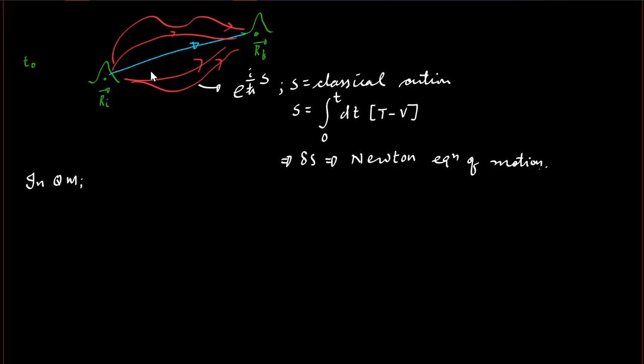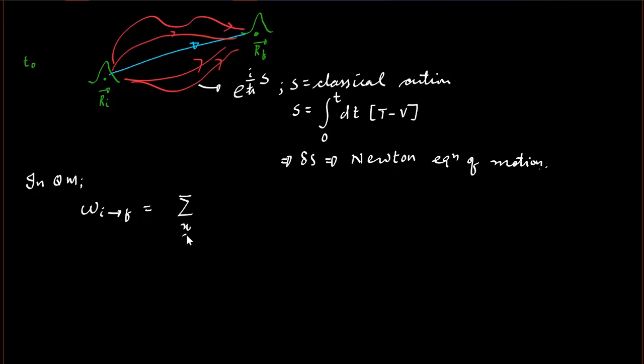So these are all the possible classical paths, and for the quantum particle, the probability of going from the initial position to the final position is equal to the sum of the probabilities of all the paths. So I can write it as the probability that the quantum particle goes from the initial position to the final position, given by this sum over all paths.